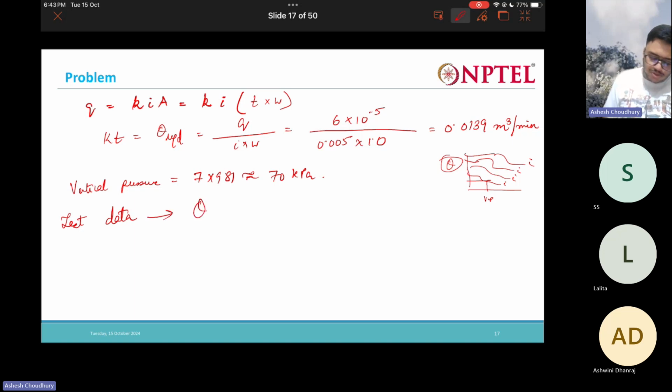I have not drawn it here, so you can use the data given in the previous class. For this pressure and I as 0.005, theta reliable is 12 cubic meters per minute.